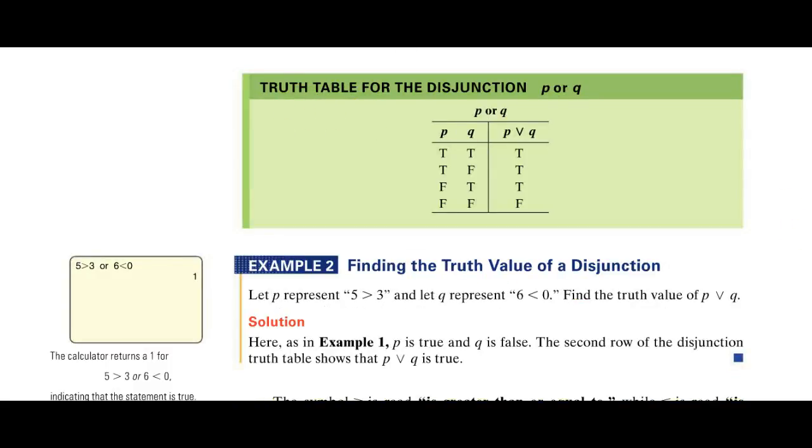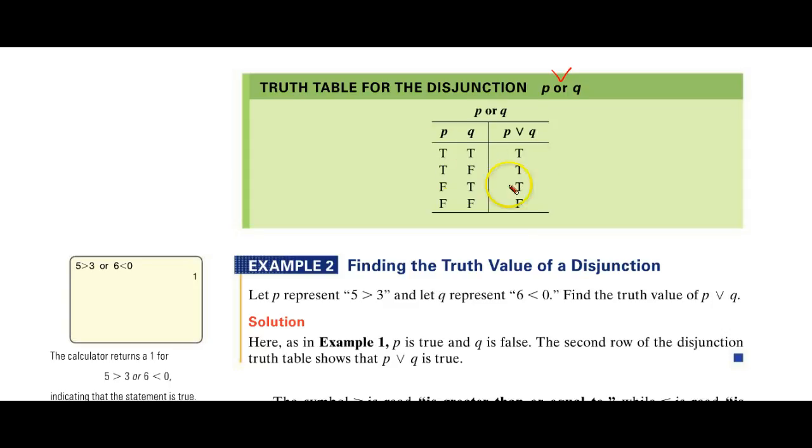So looking at the truth table for the disjunction, remember this is going to be the V here, or the inverted caret. If both statements are true, then it is true. If one is true, one false, it's true. One false, one true, it's true.